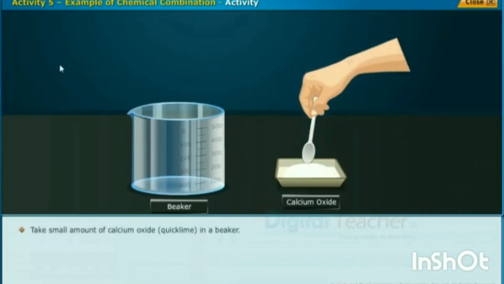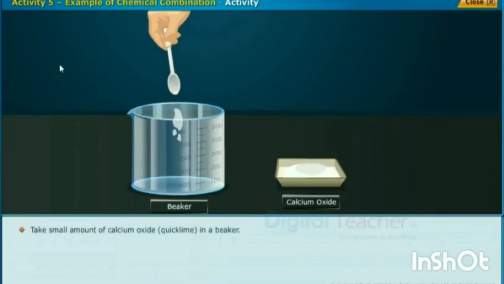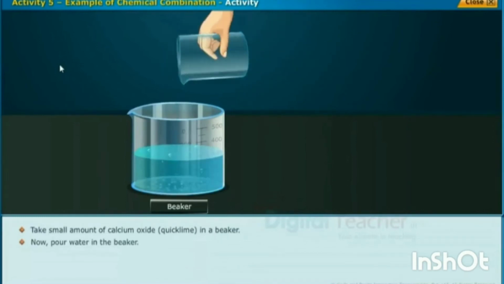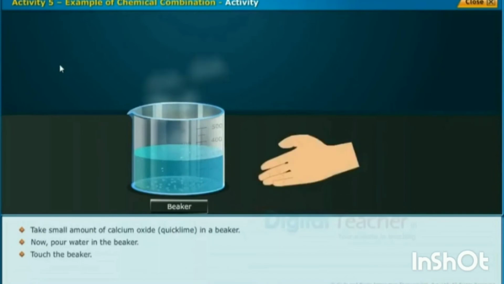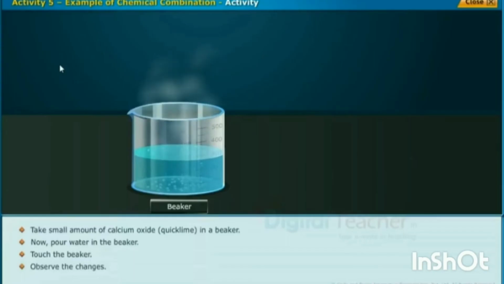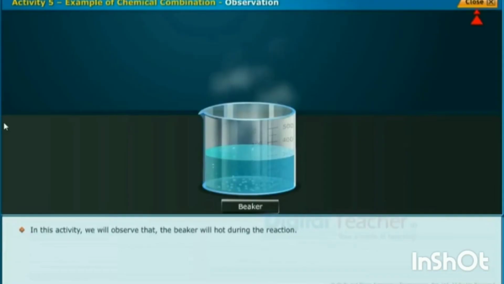Let's see with an activity. Take a small amount of calcium oxide in a beaker. Now pour water into the beaker. Touch the beaker and we will observe the changes. In this activity, we observe that the beaker becomes hot.